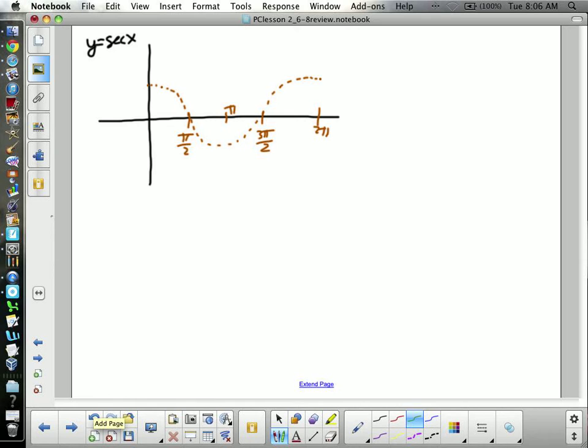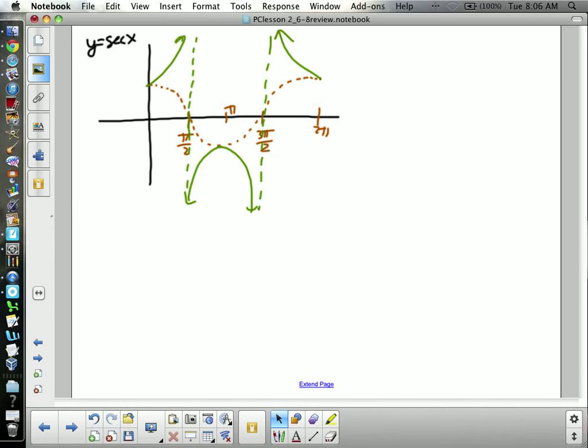Now that I know that, I know where to put my asymptotes, where cosine is 0, and my U's just come and kiss the cosine graph, because they're reciprocals, they're friends. They give that little kiss of friendship at the top and the bottom. And then we don't need my little red dotted line in there anymore. We can just get rid of that. And that's my secant graph.